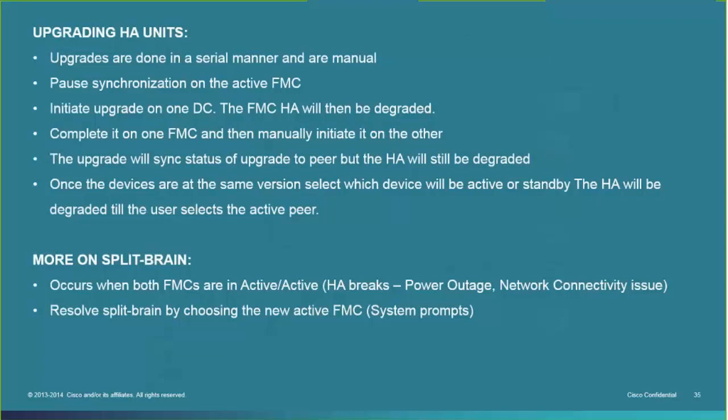The other scenarios in which FMC might enter the split brain condition or become active are when there are HA breaks, or when there is a power outage or some network connectivity issue between the two devices, and this could result in both FMCs becoming active. Resolving split brain is very simple.